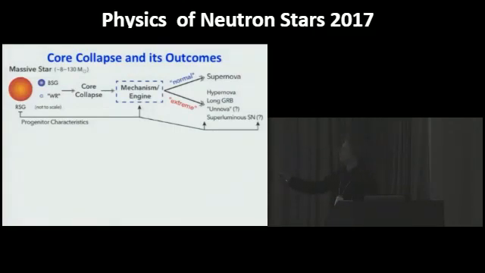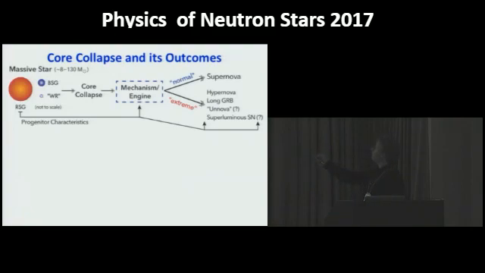So we need to go from the progenitor that has some characteristics, mass, radius, composition, angular momentum, magnetic field, to core collapse, which we believe we understand. Then there's some mechanism or some engine that produces either our normal supernova, type IIP, plateau supernova, or standard energy type Ib, Ic supernova.